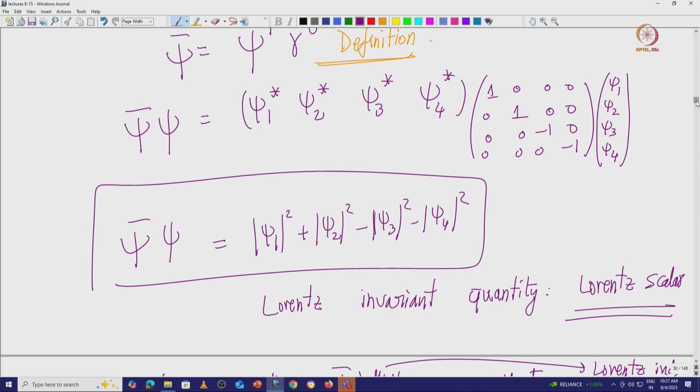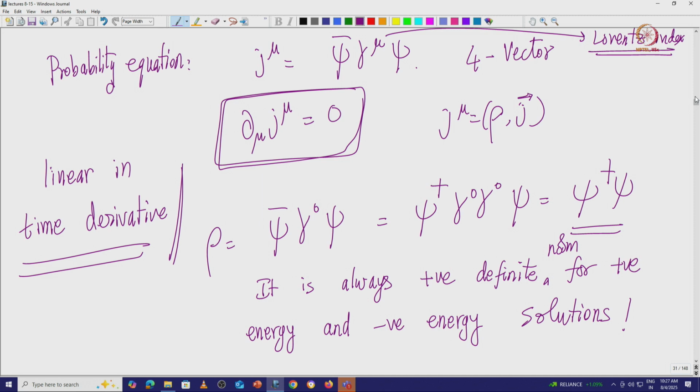Gamma 0 has entries plus 1, minus 1, minus 1, and psi bar psi takes this particular form. This is a Lorentz invariant quantity, and you can explicitly show it by writing psi prime bar psi prime equal to psi bar psi. This is easy to see, and psi dagger psi is not Lorentz invariant.